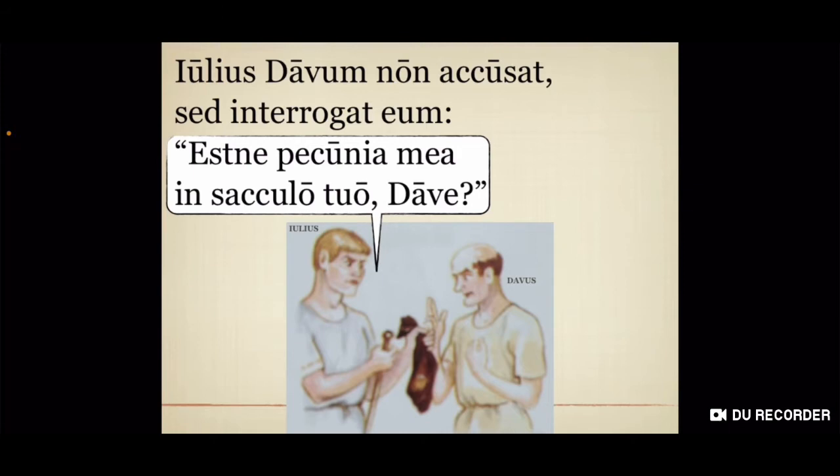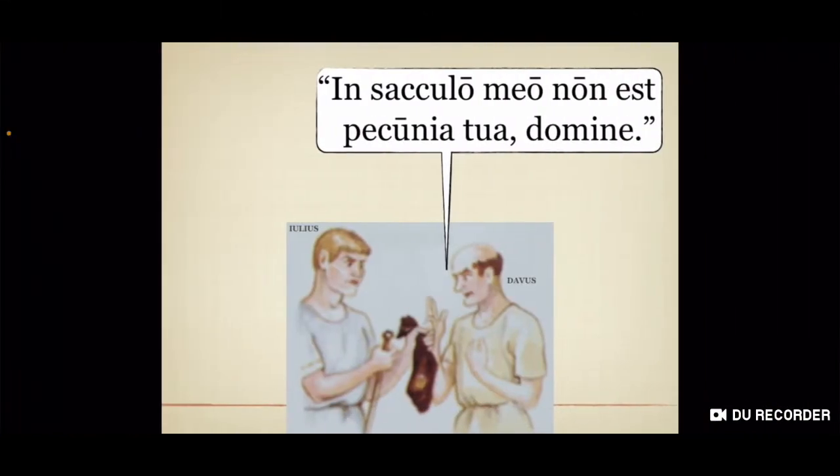He asks him, Estne pecunia mea in sacculo tuo, Dave? Is my money in your sack, Davus? So you see, even me saying that in English, they put it in kind of an English form for you, and it still sounds like I'm saying what I'd say in English. In sacculo meo non est pecunia tua, domine.